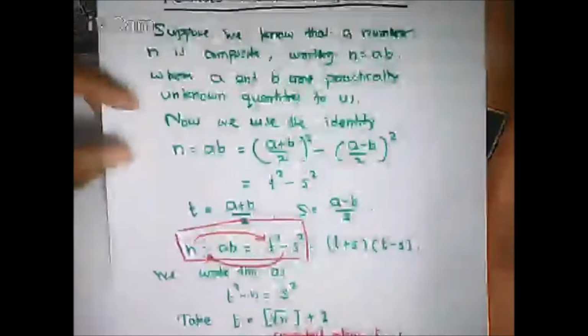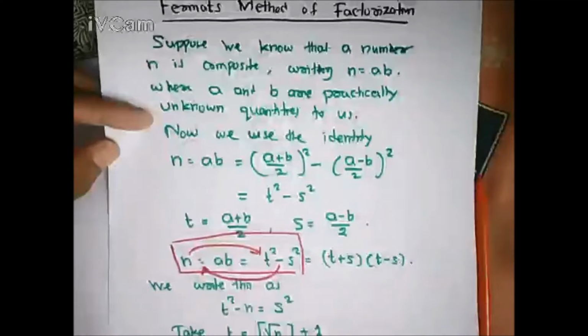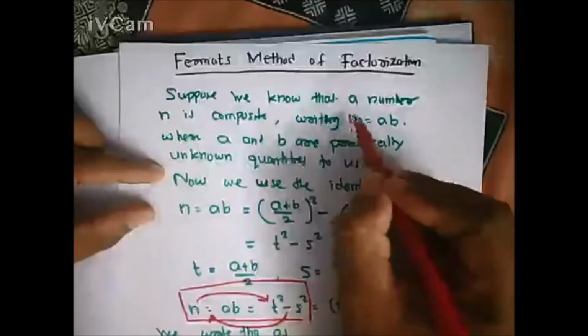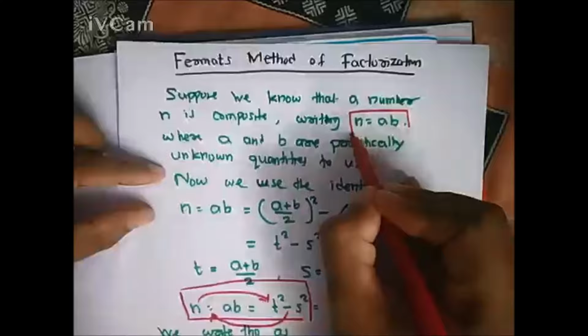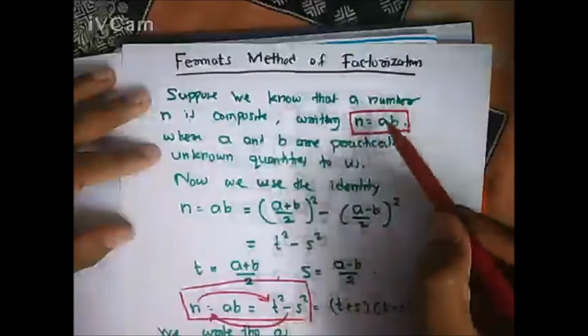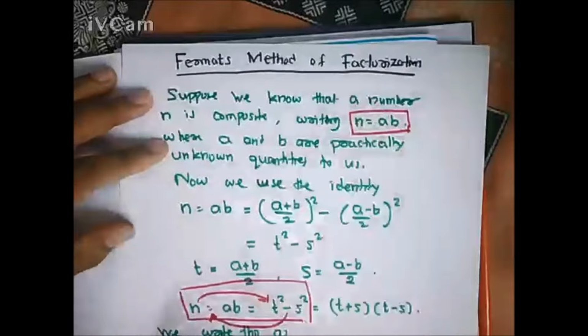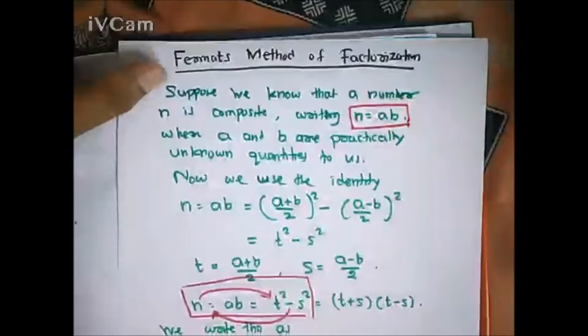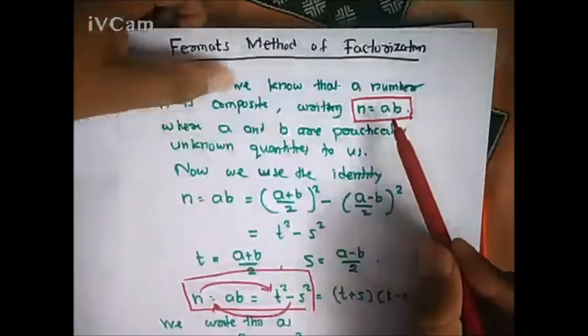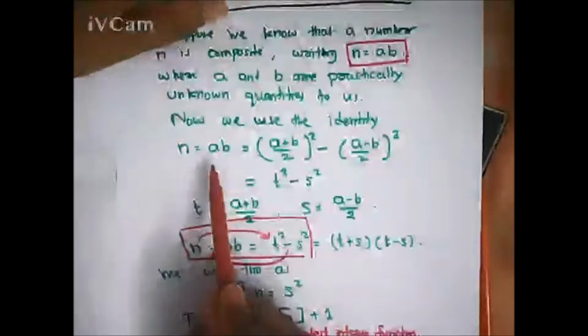Again, look here. We are saying that n is a composite number. We know that n is composite, but we do not know the values of a and b, and we want to find them. For that, we say n equal to a into b.